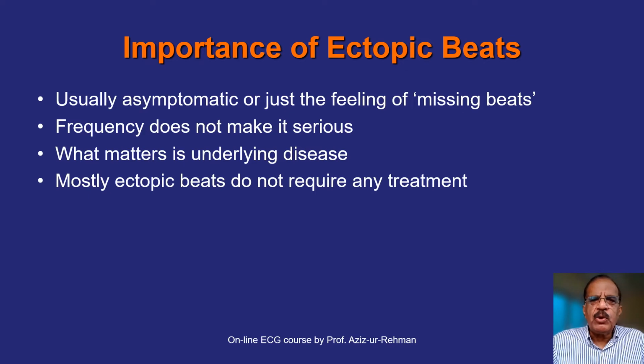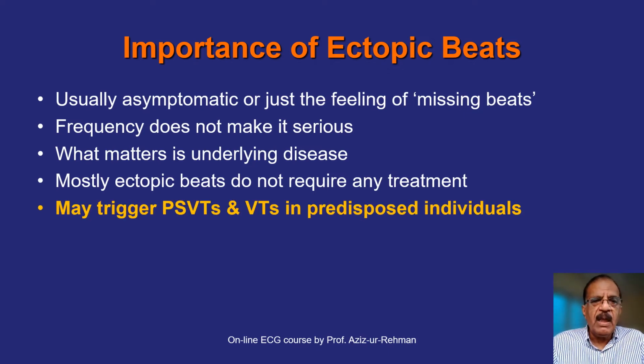Most ectopic beats do not require any treatment other than reassurance, but you need to be sure the underlying heart is normal. But they may trigger paroxysmal supraventricular tachycardia or ventricular tachycardia in predisposed individuals. Who are these predisposed individuals? These are people who, because of their family history, have some problem with their QT.